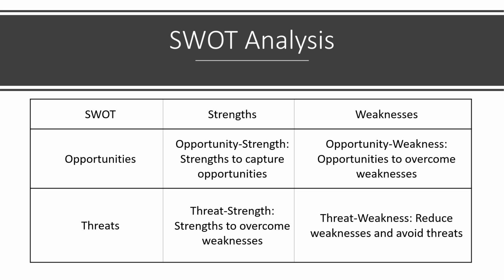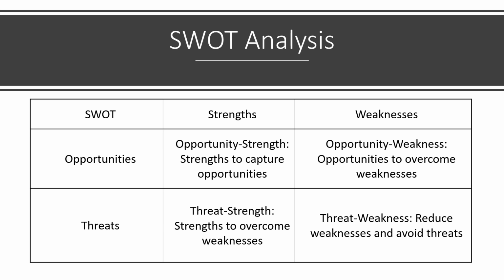Overall, Tesla has several strengths such as innovative products, a strong brand image, and a solid financial position. However, the company also needs several areas for improvement, such as production challenges and high prices.